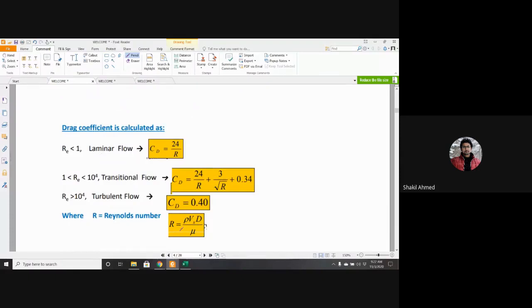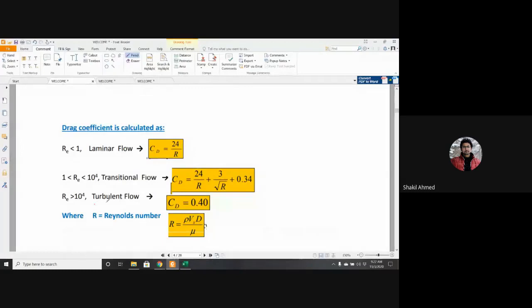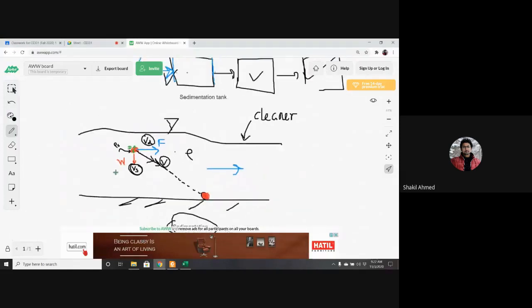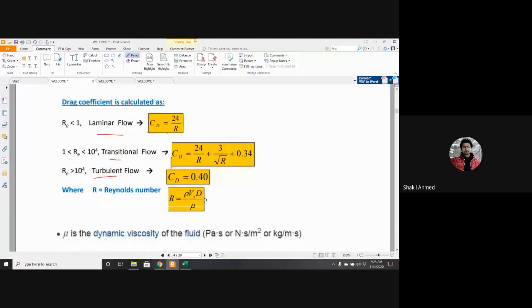Now, sometimes the flow can be laminar, sometimes turbulent, sometimes transitional. In sedimentation phenomena, laminar, transition and turbulent are defined this way. By now you already know what Reynolds number is.